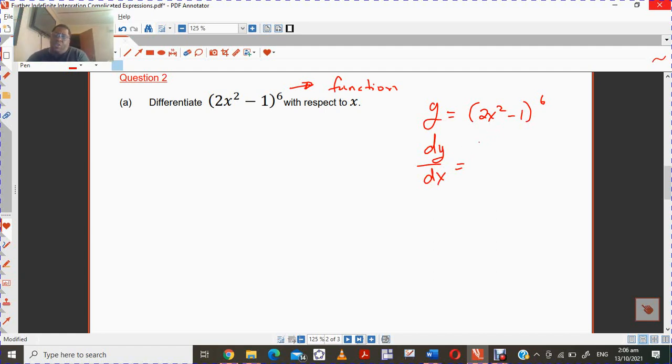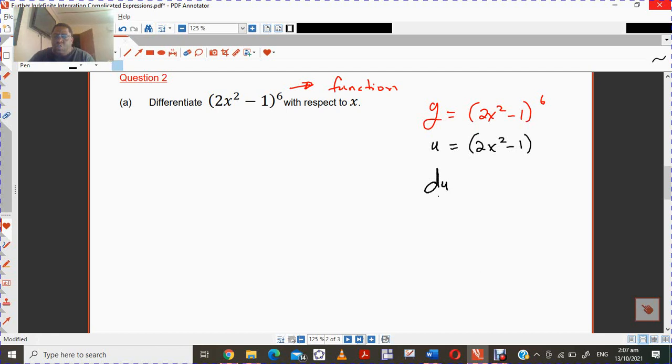You can directly go to that, or you can apply the chain rule. So perhaps I should do the chain rule so I can help you step by step. So we can say, let u equal 2x squared minus 1, the stuff inside. So that's u.